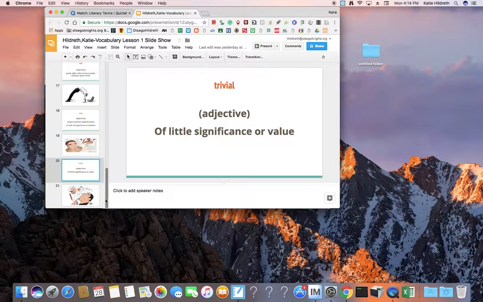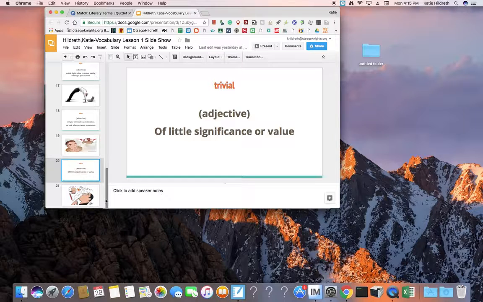And our last word is trivial. Trivial is an adjective. It means of little significance or value. It's basically another word for unimportant. A lot of times junior high students will feel that they need to know what's going on with their friends, what's going on socially.